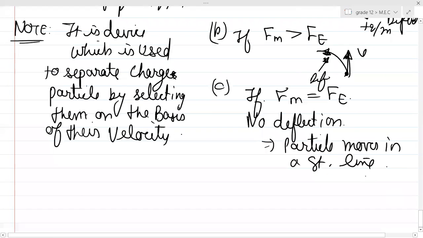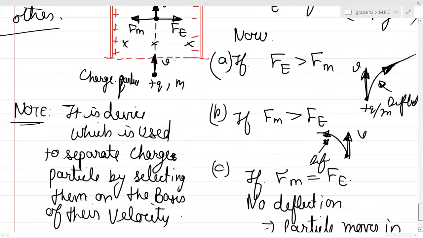Suppose, guys, I have a proton, an electron, and a helium particle, an alpha particle. I want to select only the alpha particle. Then I will send the charged particles in such a way that the velocity will become like this.